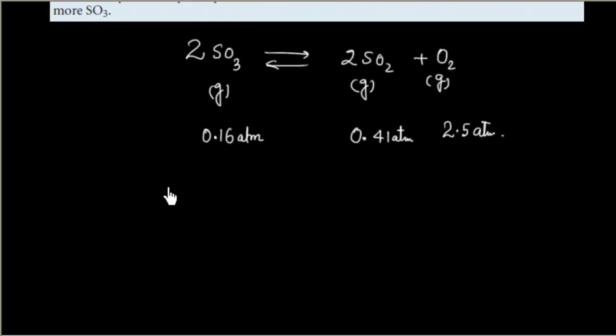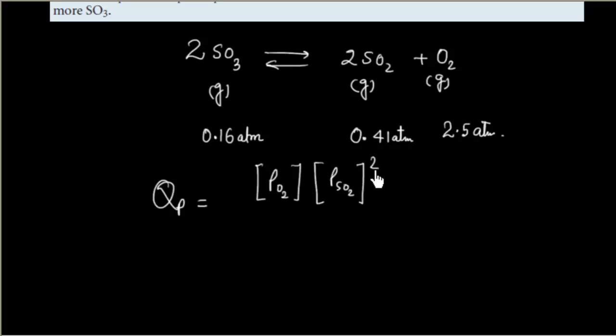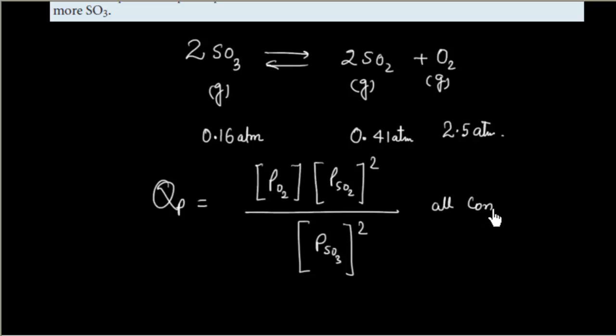So we can calculate Qp, that is, the partial pressure of O2 into the partial pressure of SO2 raised to the power 2, divided by the partial pressure of SO3 raised to the power 2. Since this is Qp, we have to put all these values at t equals 0, so all are initial values.